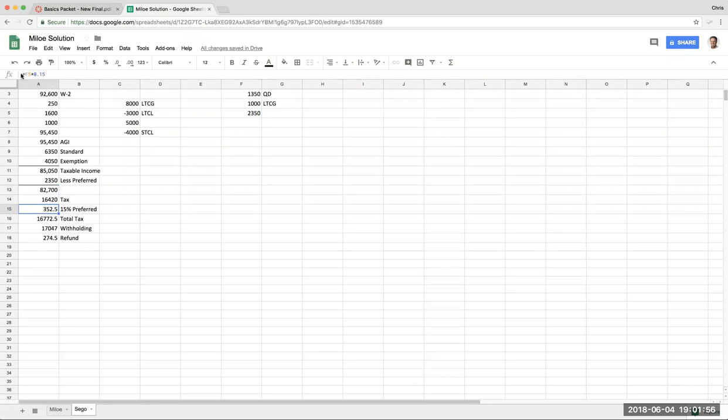You can see in my formula here that that's the $23.50 at 15%. And then I put them back together to get the tax. So it's kind of like I put all the income together to get AGI, and then all the way down to taxable income, and then I split the preferred apart from the other income. I tax each of them. I tax the ordinary income, and then I tax the preferred stuff, and then I put the tax back together.